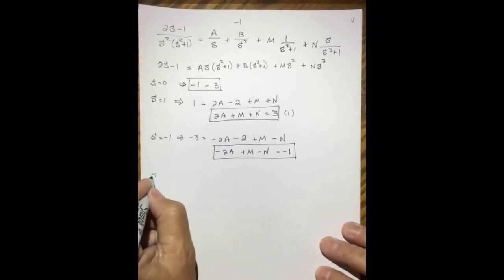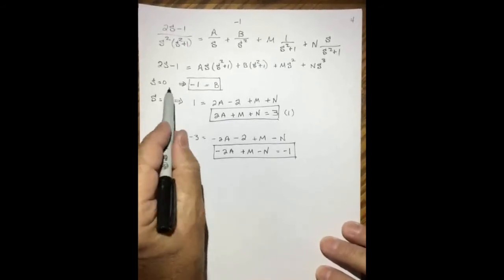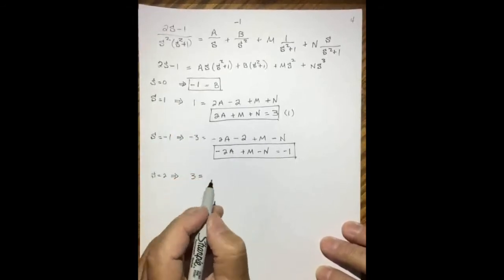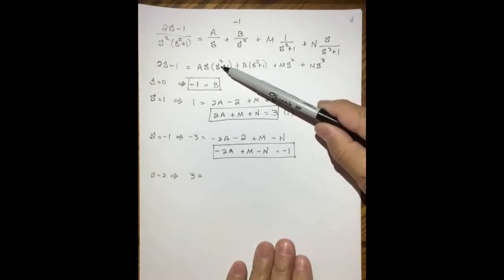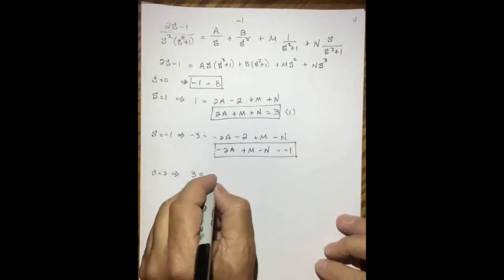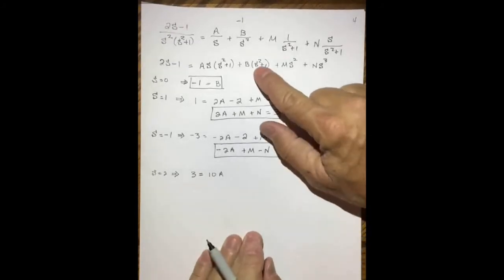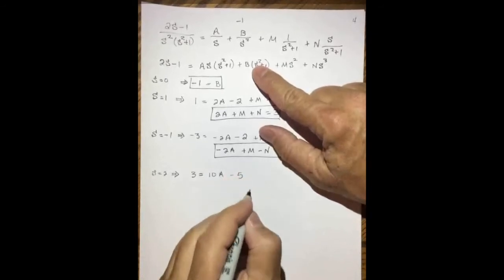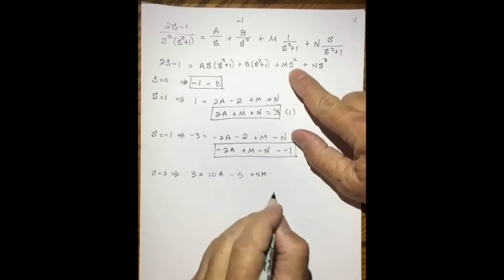Okay, so let's let s equal 2. Well, that gives me 4 minus 1 is 3. Now s is 2, so that's going to be 4 plus 1 is 5. Times 2 is 10, so I get a 10a. That's going to be 4 plus 1 is 5, but remember b is minus 1, so it's minus 5. 2 squared is 4, so we have a 4m.